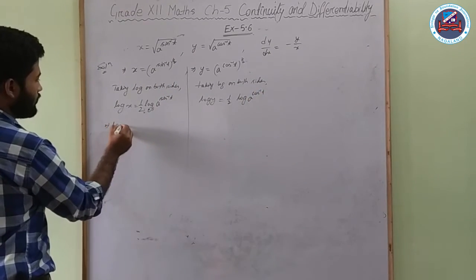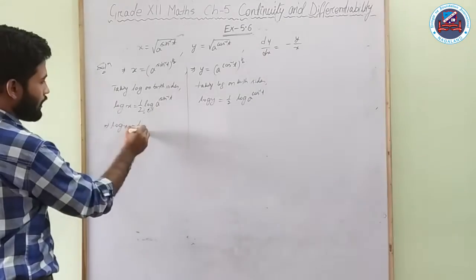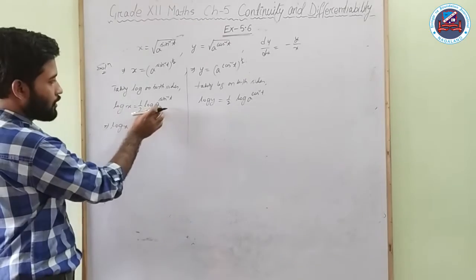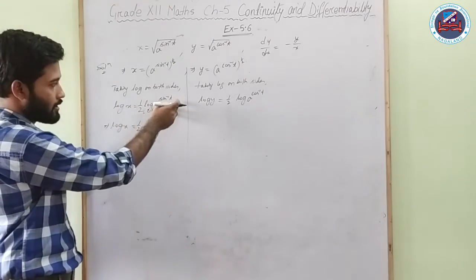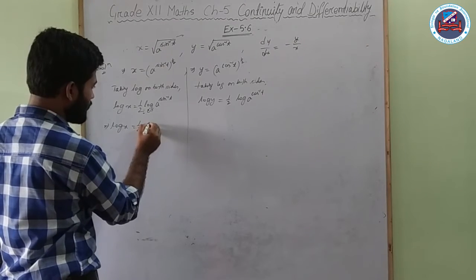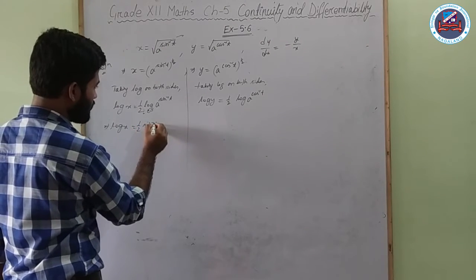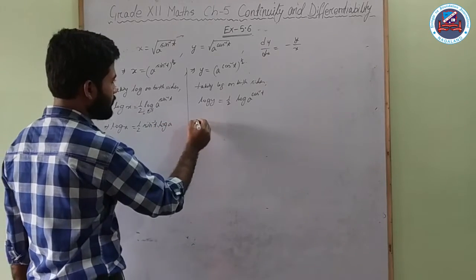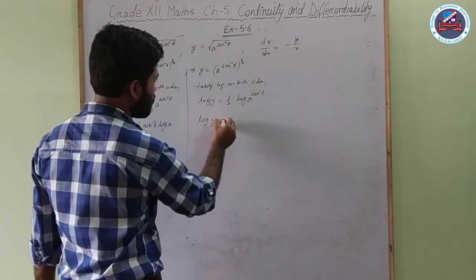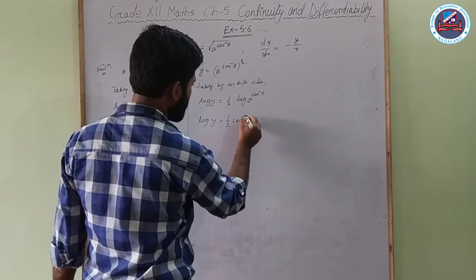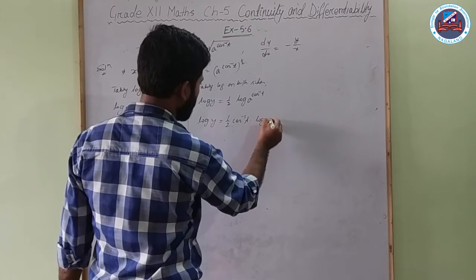Now half is already there. Again we can see this is log of a to the power sine inverse t, so if the power is there, it will come down. So we shall have sine inverse t into log a, and log y is equal to half of cos inverse t into log a.